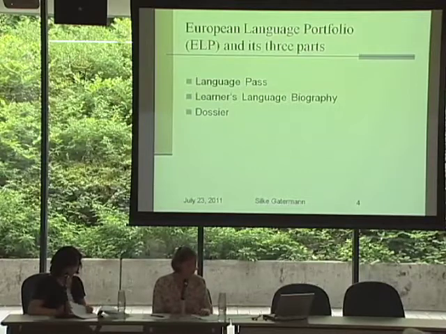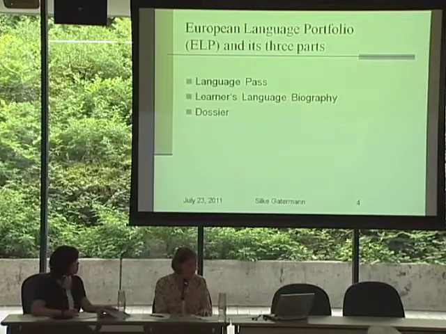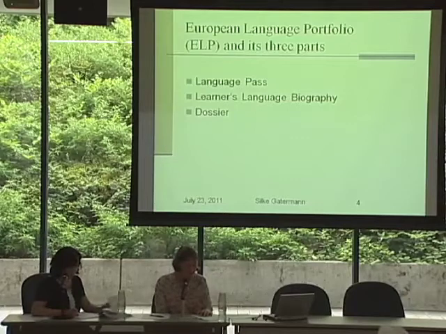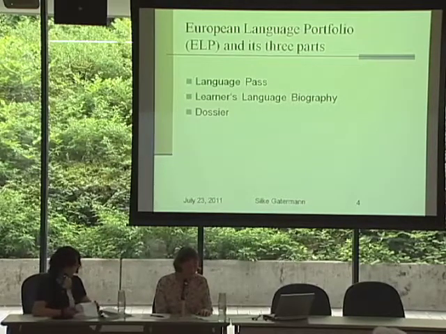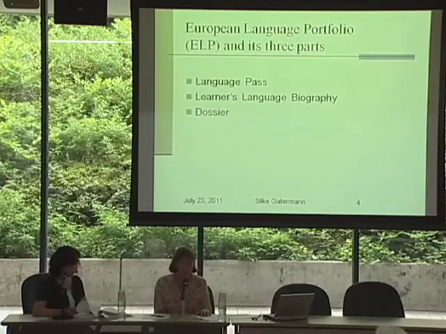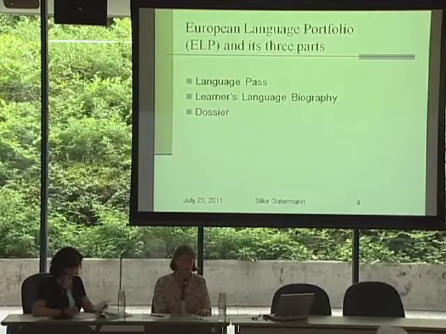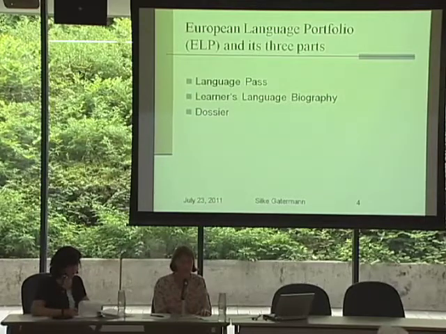The ELP, as you know, encompasses 3 divisions: the language path, the learner's language biography, and the dossier. In the regular classroom, we try to make use of all the 3 parts. But the learner path, the language path, in Germany, can only be handed out after 5 or 6 years of dealing with the portfolio.